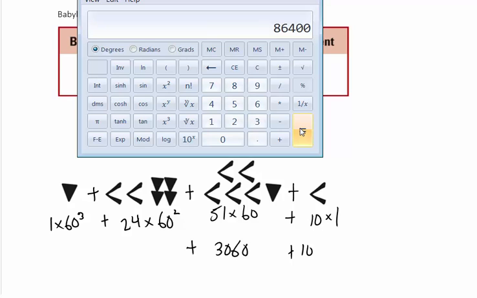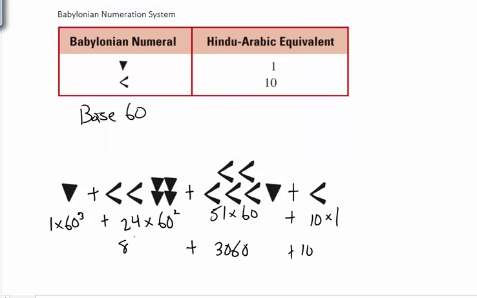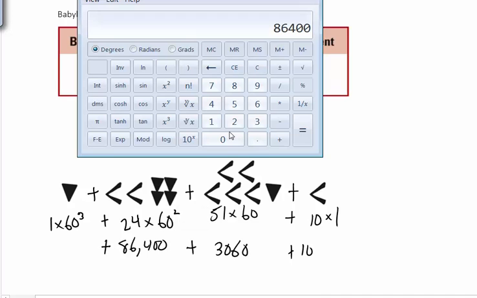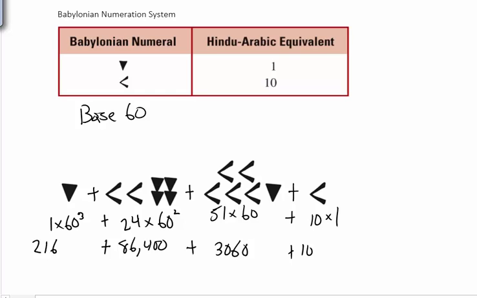And that's 86,400. And then we have 60 cubed. And that's 216,000. Okay, so what we would have to do is we'd have to just literally add up all those.